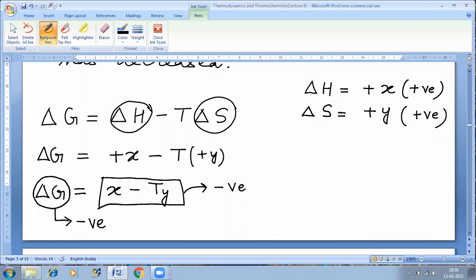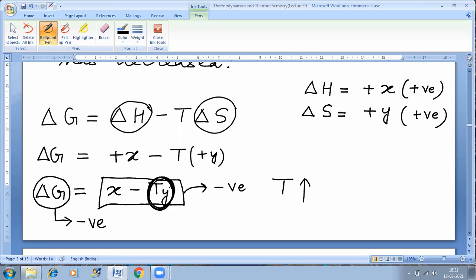So if X minus Ty has to be negative, that means the value of temperature should be high. If this value increases, then this entire term will become high, that is Ty. So if the value of temperature is quite high, then the value of Ty will also be quite high.